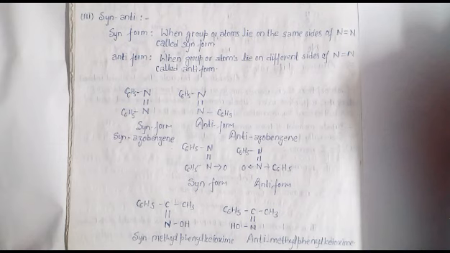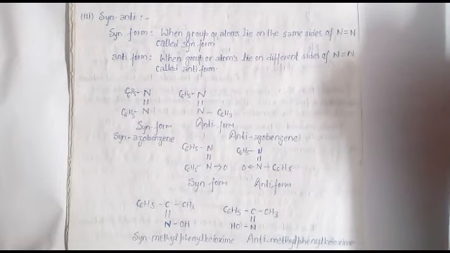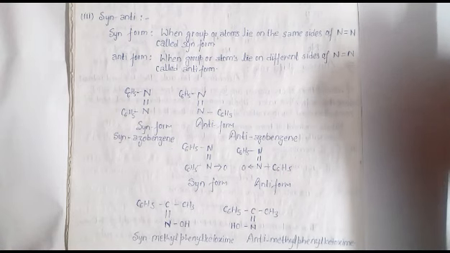First, in geometrical isomerism, there is different geometry around doubly bonded carbon and nitrogen atoms, and on this basis geometrical isomerism can be classified into three subtypes. One is cis-trans isomerism, another one is EZ isomerism, and third one is syn-anti isomerism.